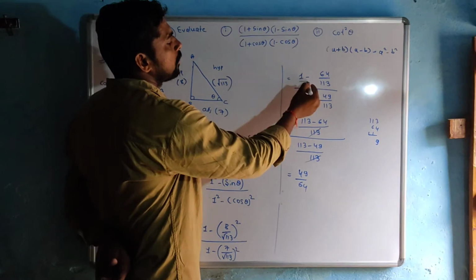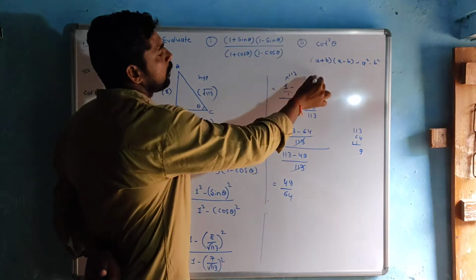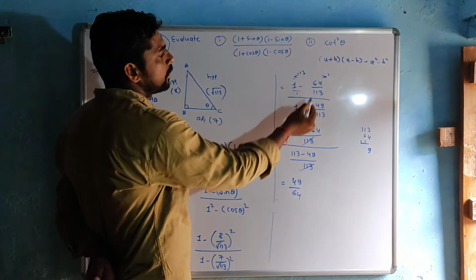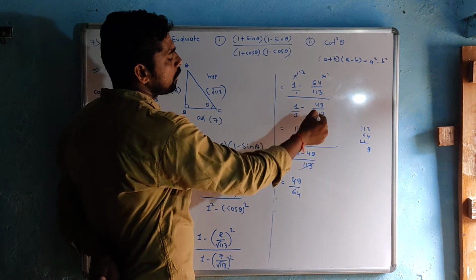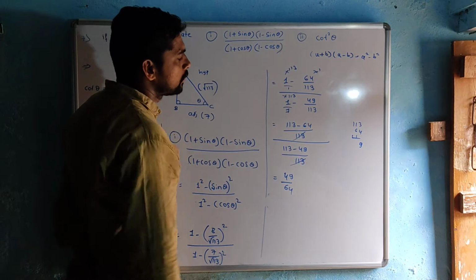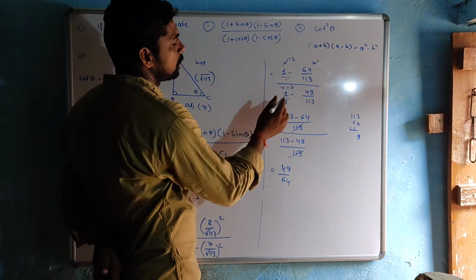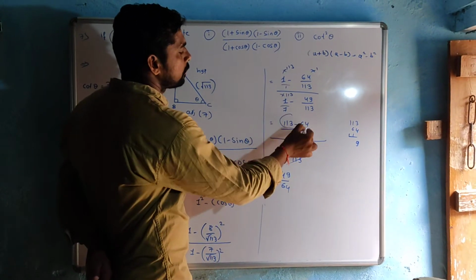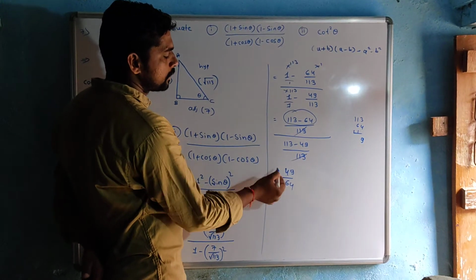The LCM of 113 and 1 is 113. 113 minus 64 over 113, and 113 minus 49 over 113. See here, 113 and 113 get cancelled. 113 minus 64 is 49. 113 minus 49 is 64.